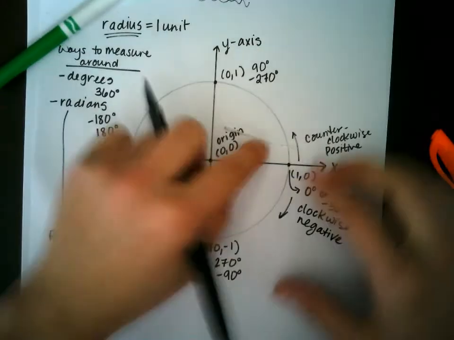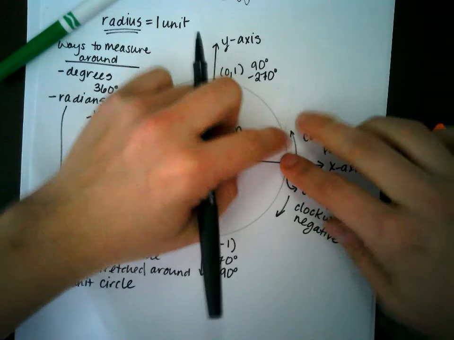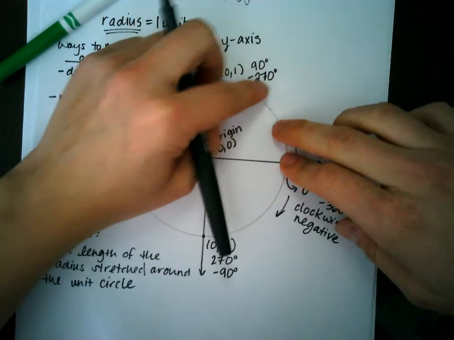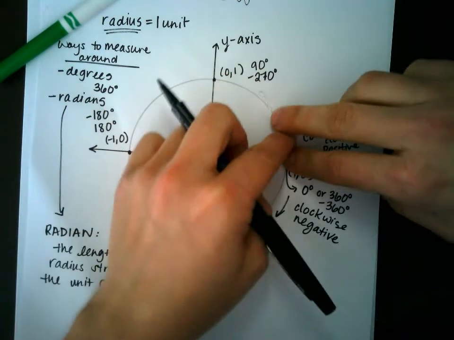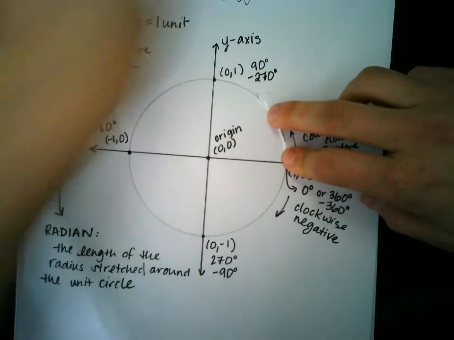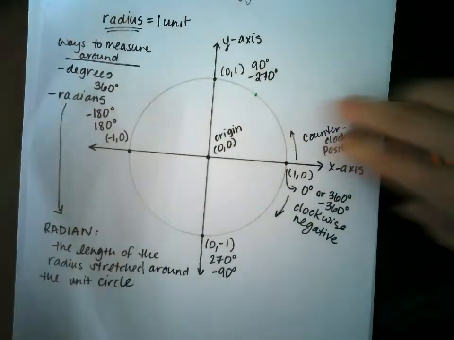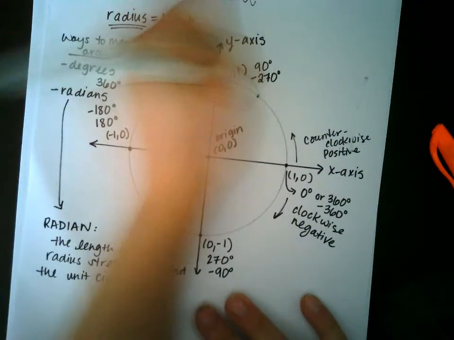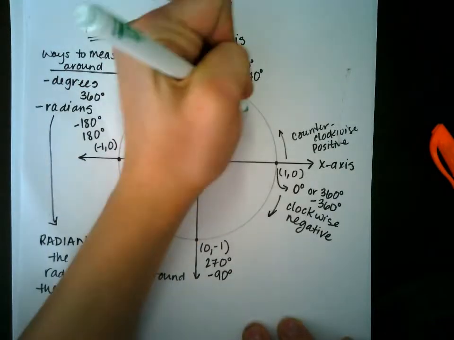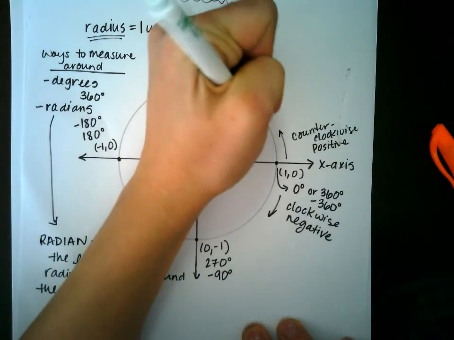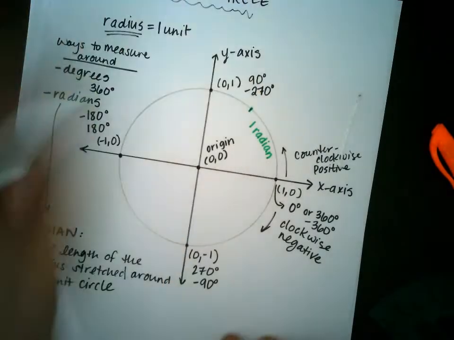A radian is when we take that measurement and stretch it along the edge of the circle. So 1 radian, I'm lining it up as best I can, it's not going to be perfect, but 1 radian would be right here. This is the length of 1 radian. Okay, and then I'm going to continue.